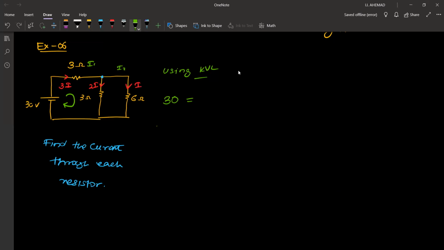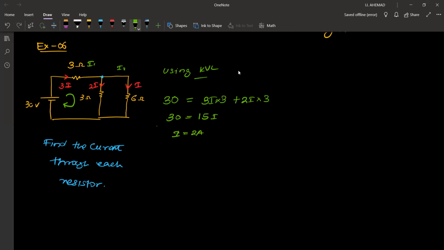So we have a potential drop across this resistor, that is 3I into 3 plus 2I into 3. So 30 is equal to 9I plus 6I, 15I. I is equal to 2 ampere.